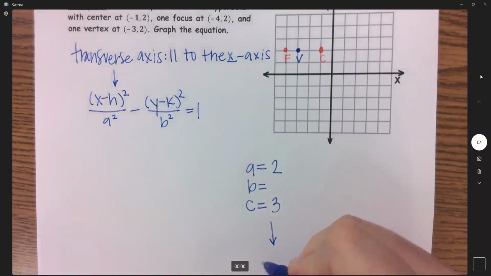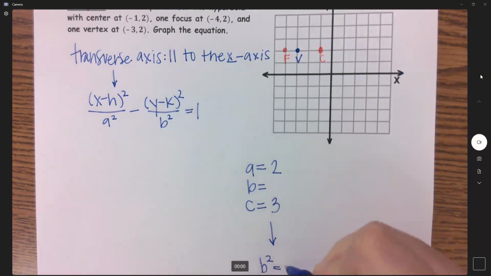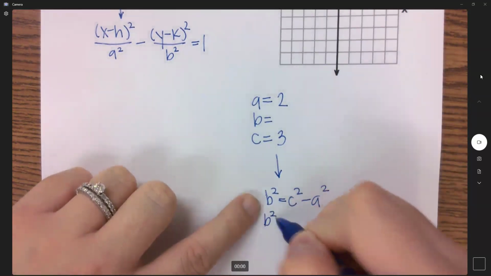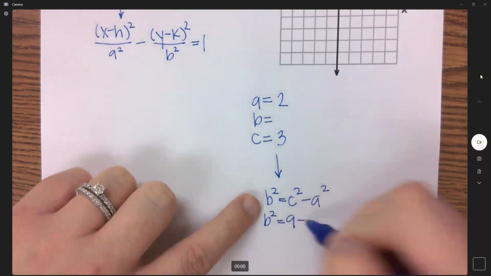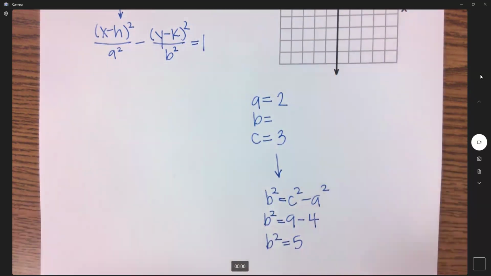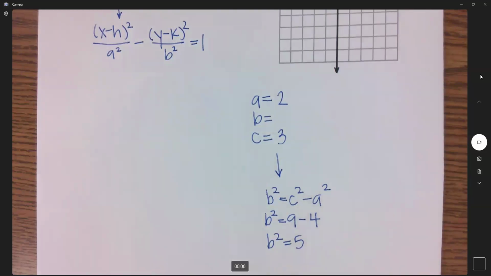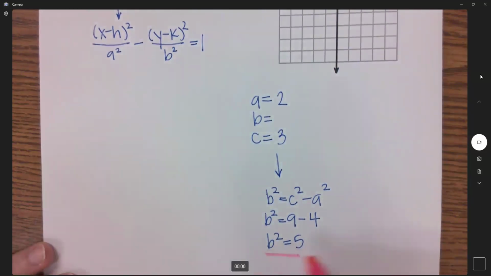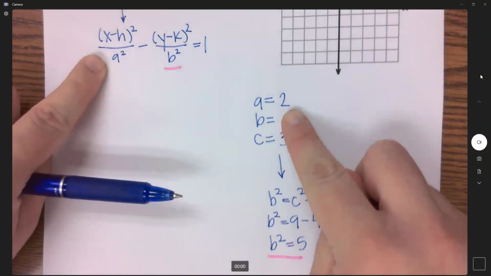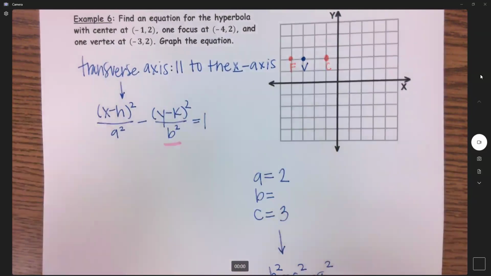What is the formula? It's b squared equals c squared minus a squared. C squared's 9 and a squared's 4. So my b squared is 5. So I am going to substitute in 5 for my b squared. I have a squared. So now all I need is my h and my k.